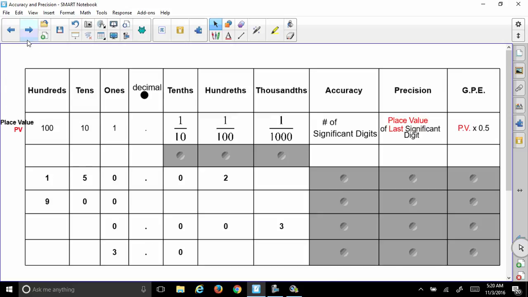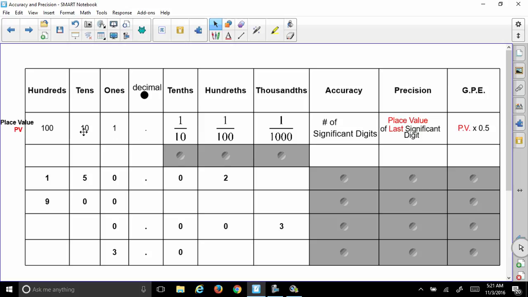All right, so let's get into it. Here's a chart I created that'll help you out with this topic. Here we have hundreds, tens, ones, decimal point, tenths, hundredths, thousandths. We have accuracy, which is the number of significant digits. Precision, which is the place value of the last significant digit. GPE, greatest possible error, which is the place value column here.